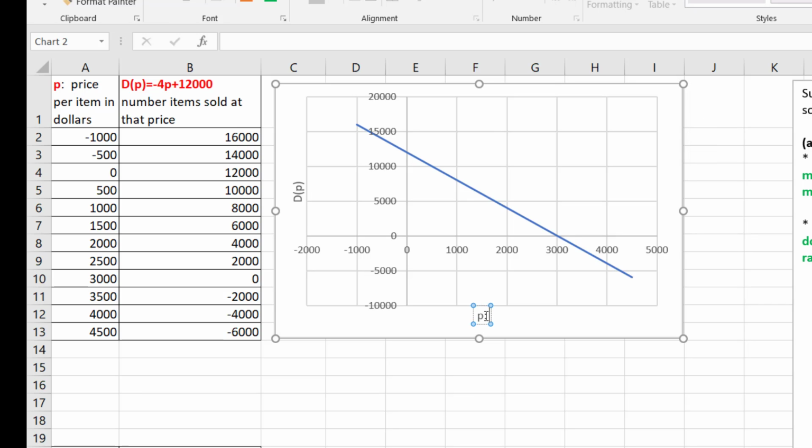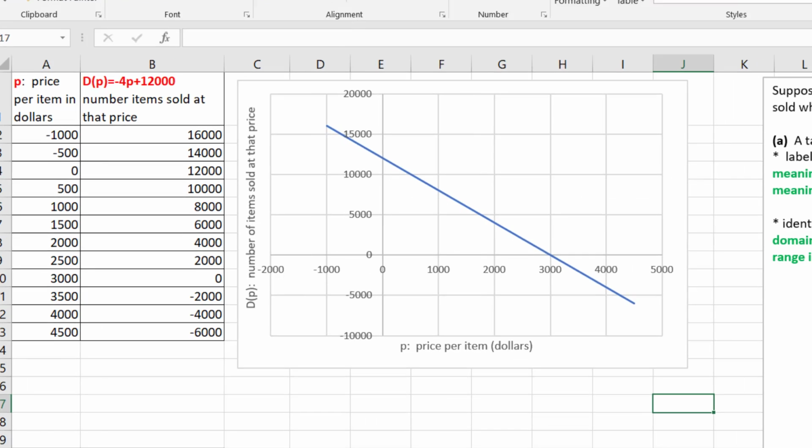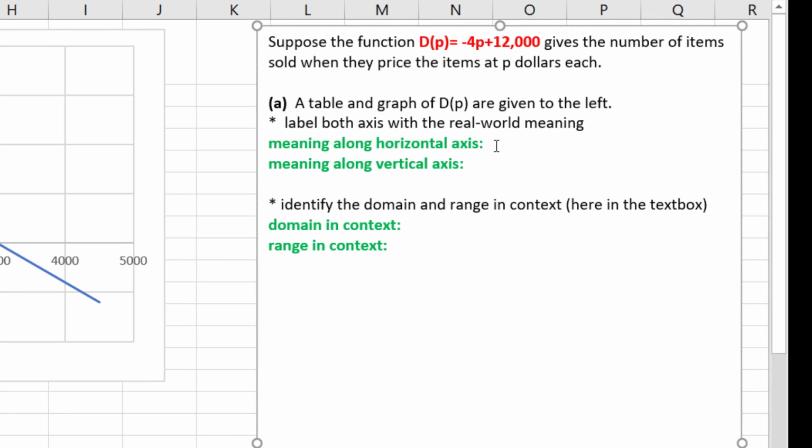They tell us in the problem that P, the input, represents the price per item. They tell us that the output is D of P, which represents the number of items sold at that price. Now that I've labeled my input-output axes, I can answer the question about the meaning of the horizontal and the vertical axis.